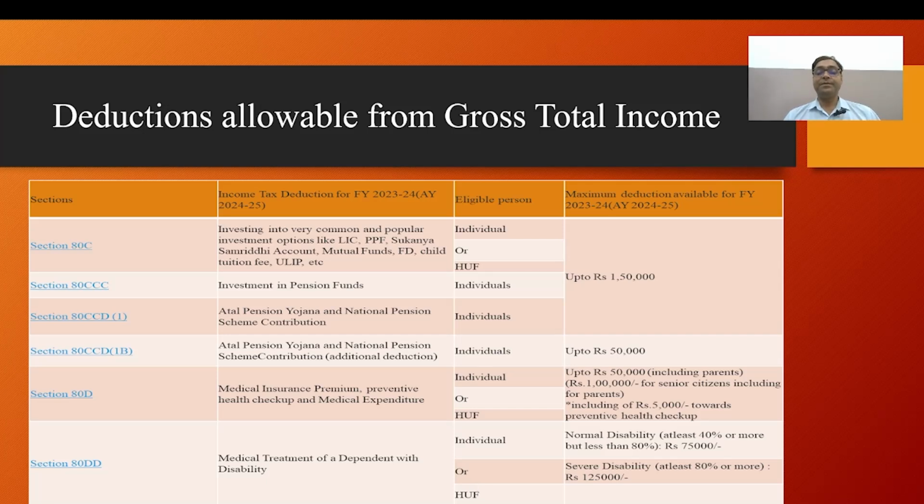If a person has a normal disability, at least 40% or more but less than 80%, it is 75,000 rupees, whichever is lower. For severe disability, at least 80% or more, the amount is 1,25,000, which is very high.